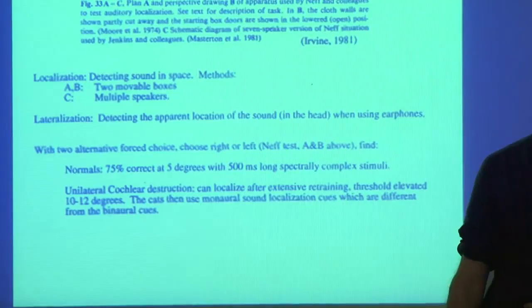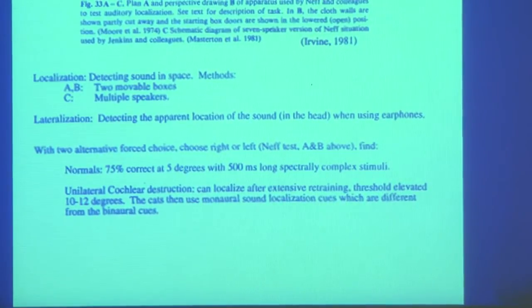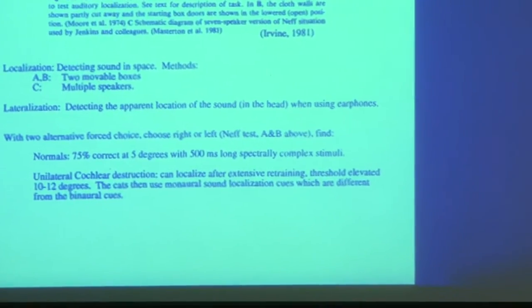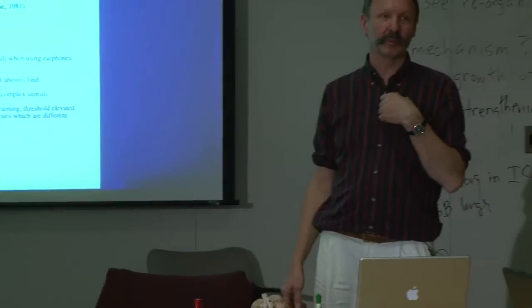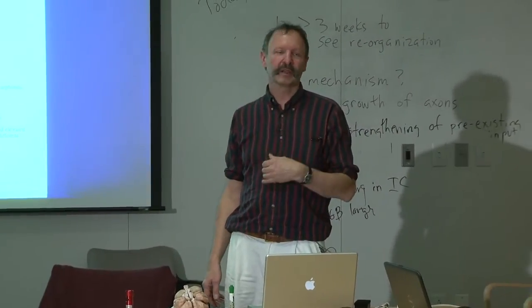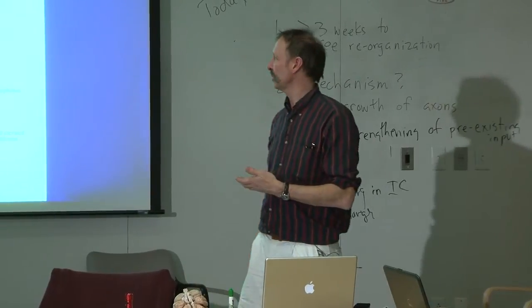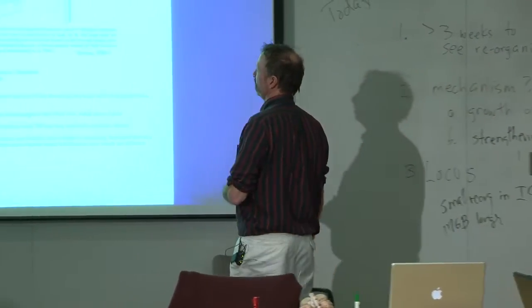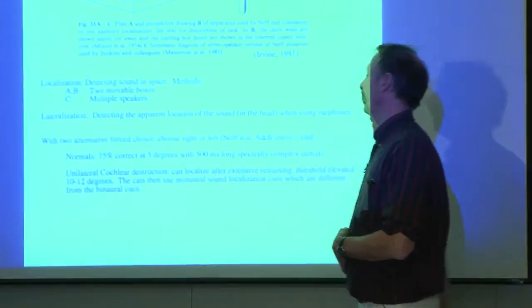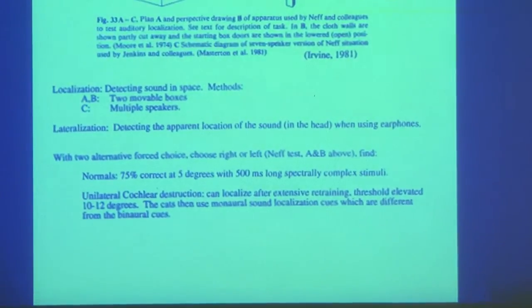So animals are not as good at this sound localization task. In human performance, I think back a few lectures ago, we talked about the minimum audible angle in humans being a couple of degrees, maybe 1 degree. In this case, the animal's going to 5 degrees, so it's not quite as good.